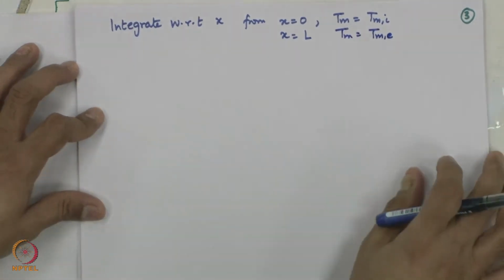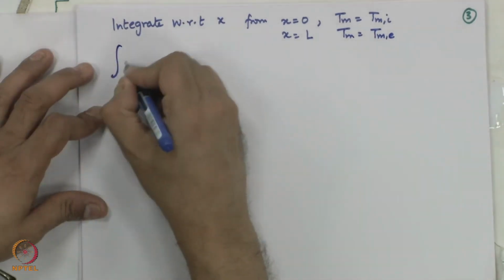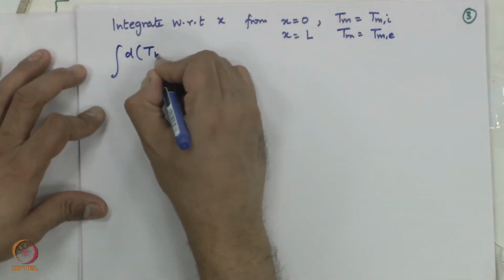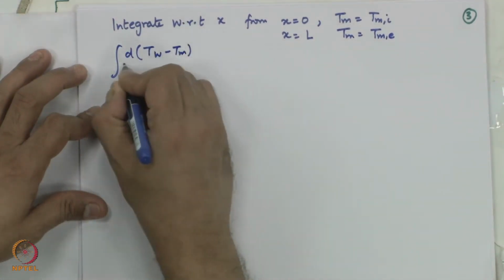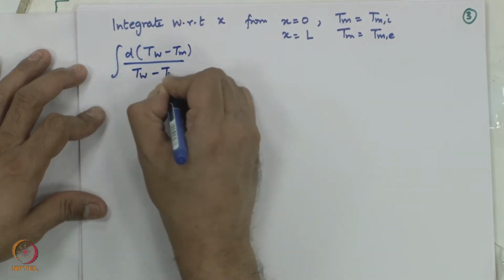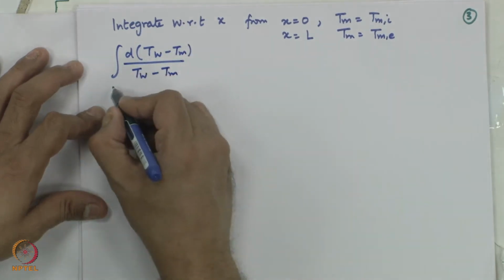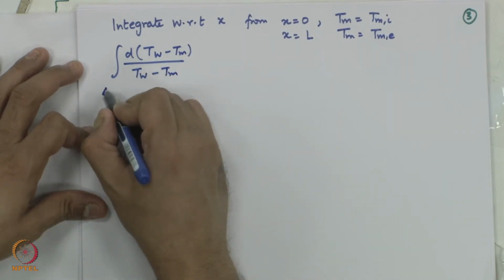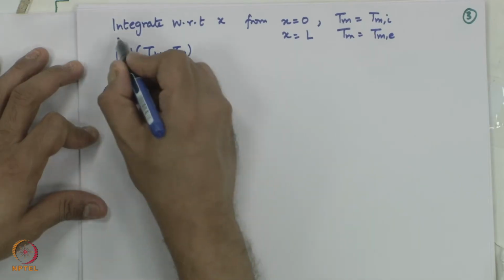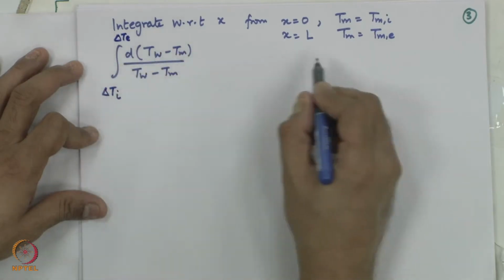So, if I do the integration, I would get d of (T wall minus T bulk mean) divided by (T wall minus T bulk mean) integrated from delta T inlet to delta T exit, correct.